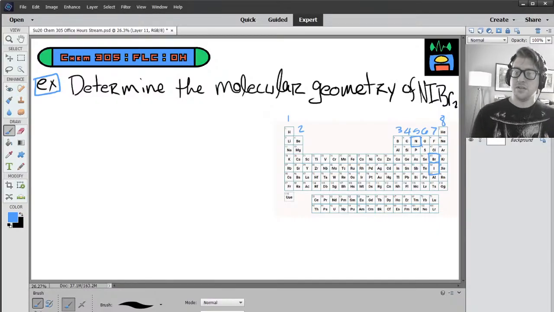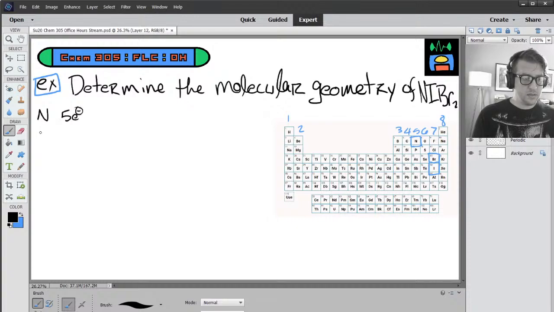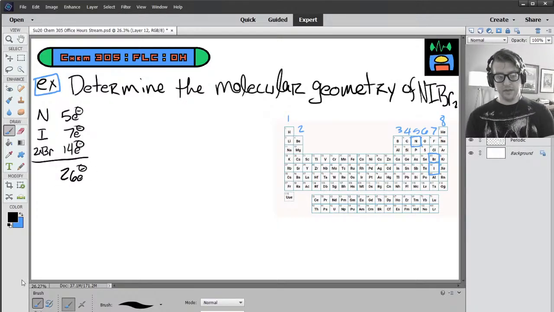All right, so we have nitrogen, which has 5 valence electrons, iodine, which has 7, and we have 2 bromines, which have 7 each, so together they bring 14, which gives us 26 electrons to start with.